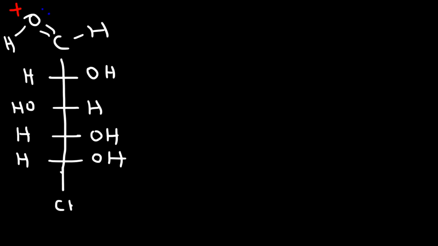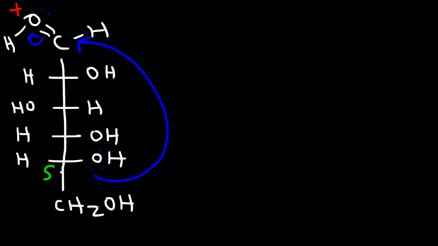So the OH group on carbon 5, so that is this carbon here, is going to attack the aldehyde carbon, or the carbonyl group, breaking this pi bond, turning it into an OH group. And so whenever a molecule reacts with itself, it forms a ring.